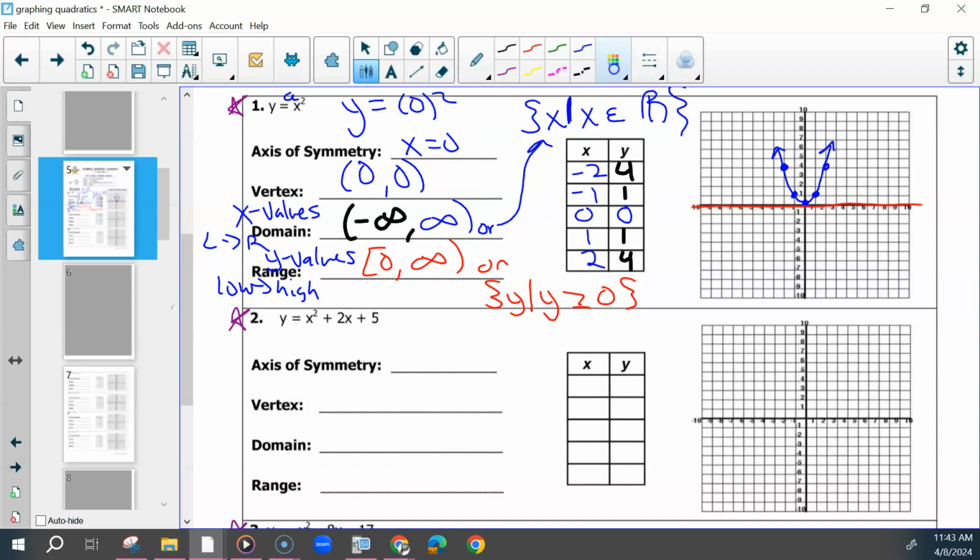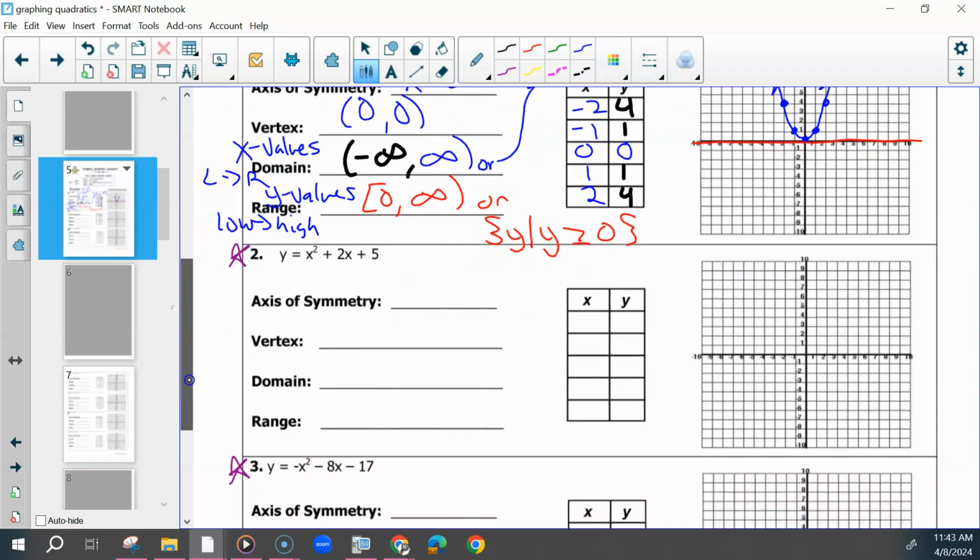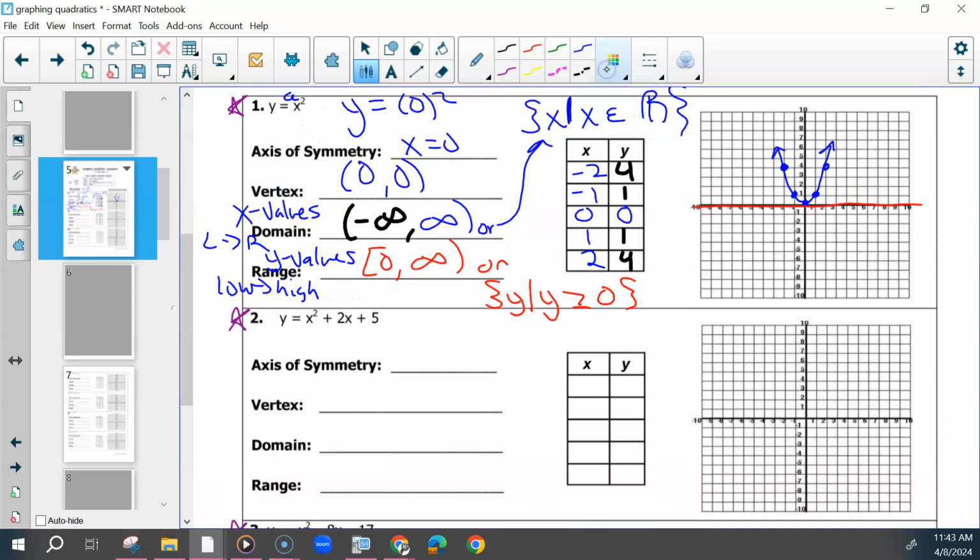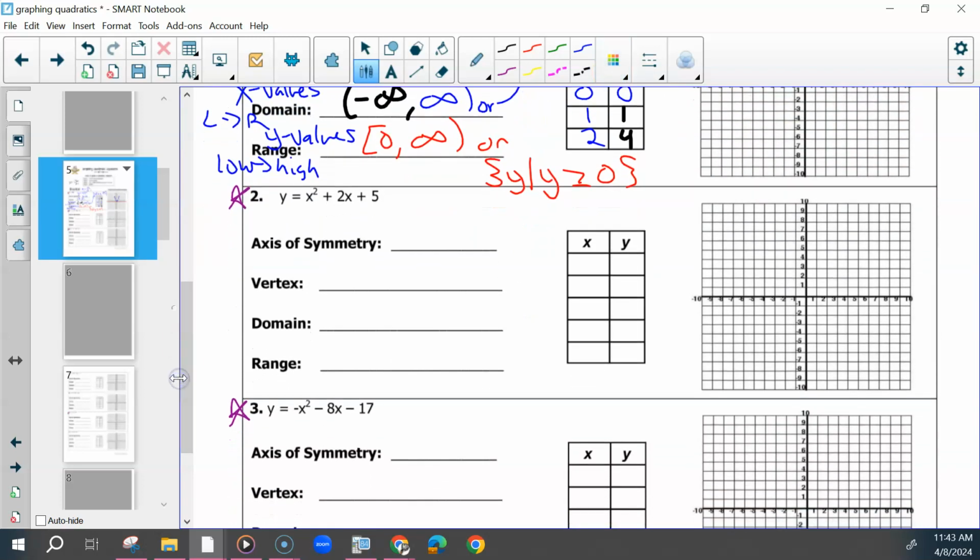Okay, let's do number 2. So now we know the basics of how this works. Now we can put more things back into it. Let's find our axis of symmetry. Negative 2 over 2 times 1. So it would be -1. x equals -1. And then put this into all of your x's to find your y value. Use parentheses.